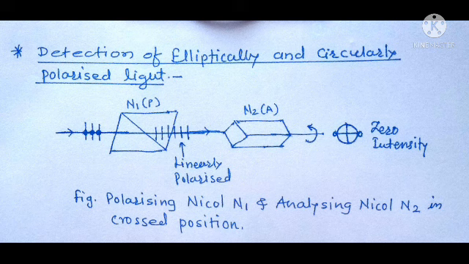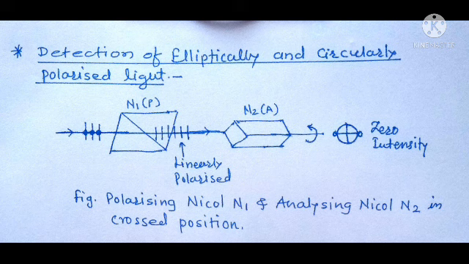Now observe this figure. There is unpolarized light incident on the first Nicol prism N1. After passing through this Nicol prism, unpolarized light is converted into linearly polarized light, and this linearly polarized light is incident on the second Nicol prism N2 as analyzer.